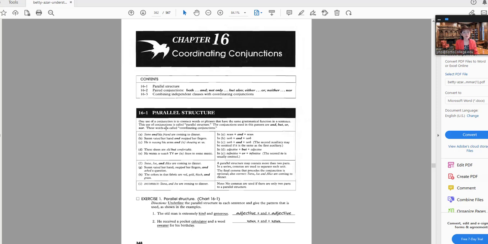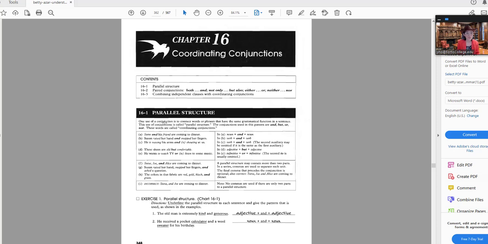The use of conjunctions in this way is called parallel structure. The conjunctions used in this pattern, and, but, or, nor, for, so, yet, are called coordinating conjunctions. Whenever you have FANBOYS, that's for, and, nor, but, or, yet, so.